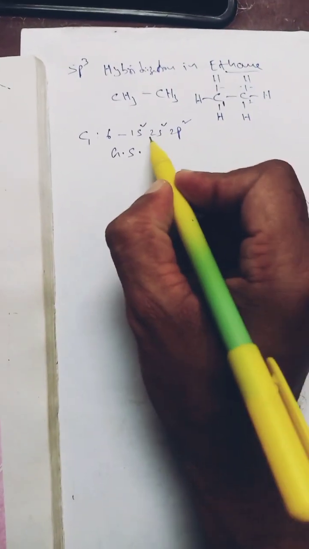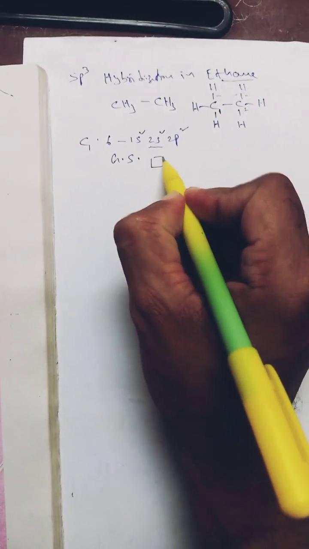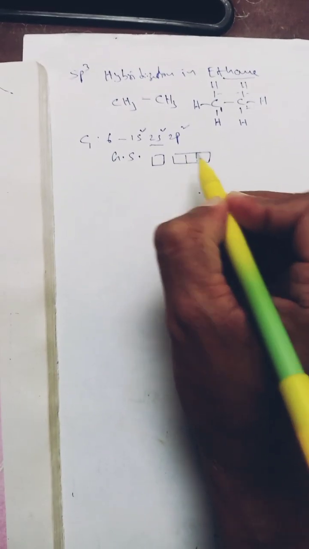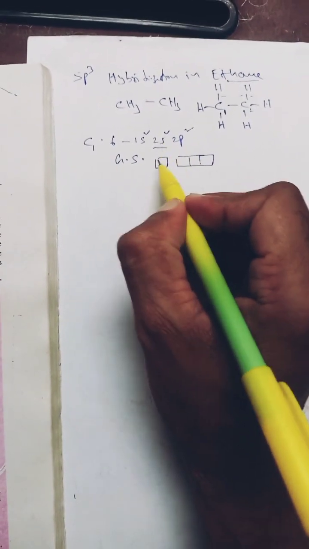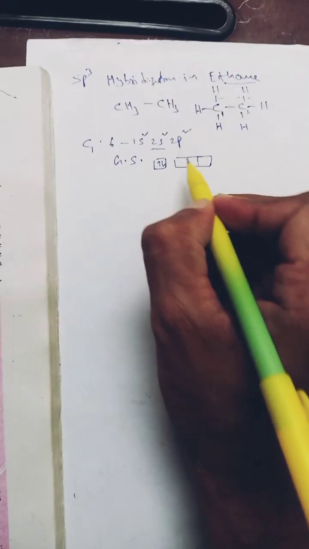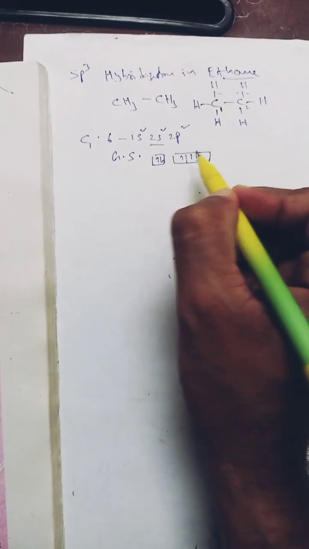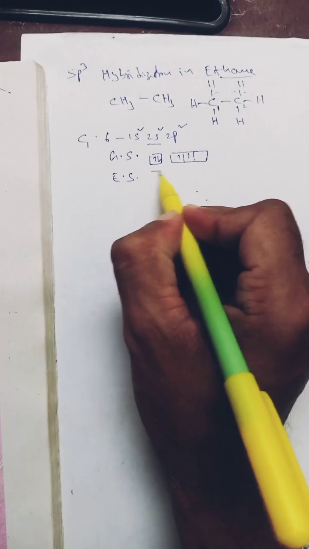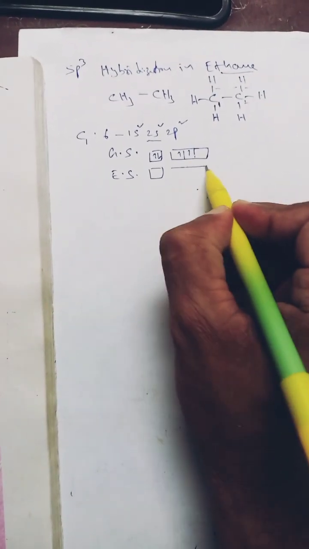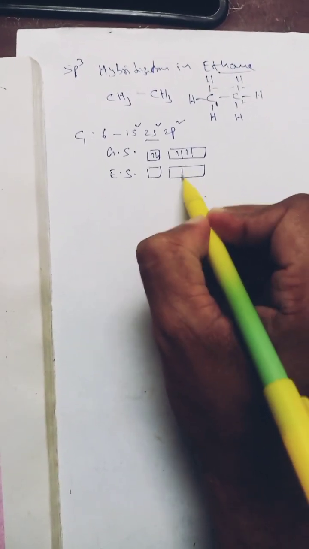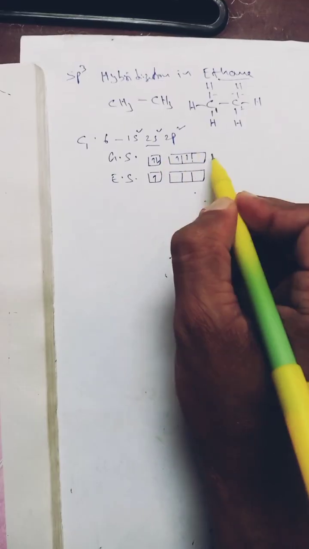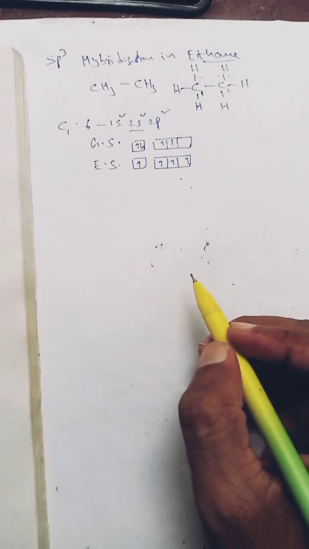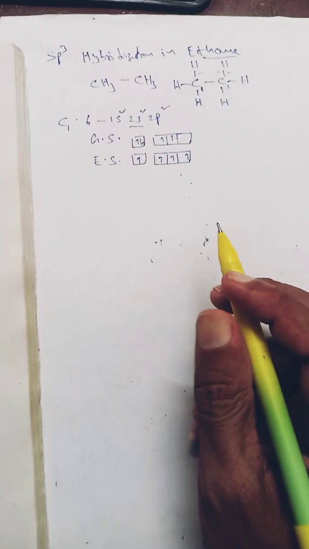In the ground state, 2s has 2 electrons and 2p, with 3 orbitals, has 2 electrons. In the excited state, an electron from the 2s orbital jumps to 2p, and this is sp3, that means one s and 3 p orbitals.